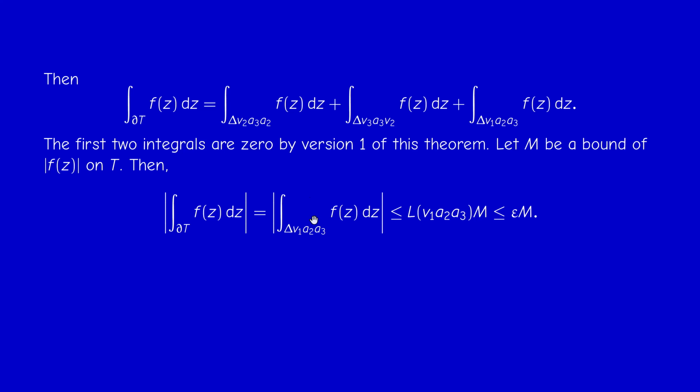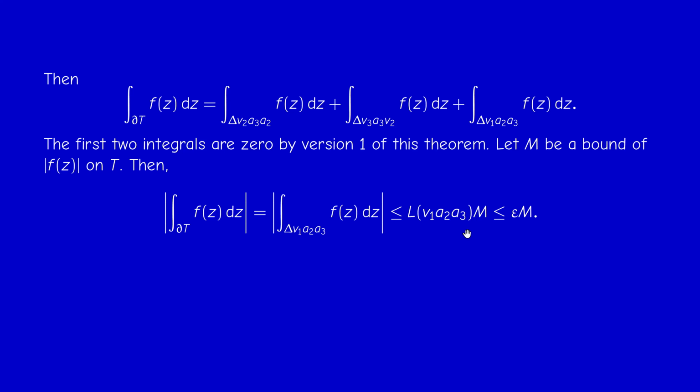And now by the fundamental estimate, the modulus of the integral is less than the length of the path, which is the perimeter, times the maximum of the modulus of F over the small triangle, but this is less than the maximum over the bigger triangle T, so it's less than M. Okay, and therefore I get that the modulus of the integral is less than epsilon M. Okay, so since epsilon was arbitrary, this means that the integral is 0.